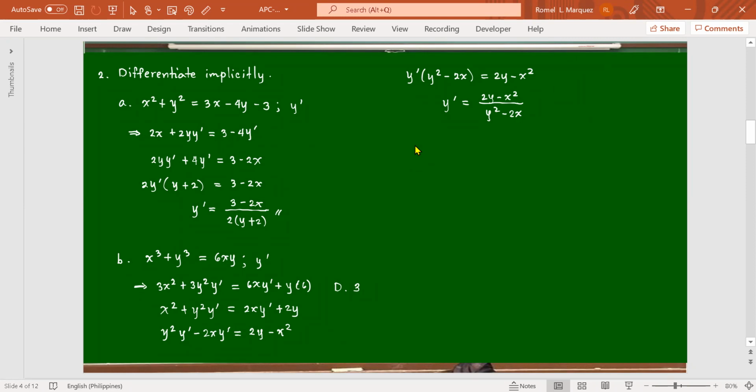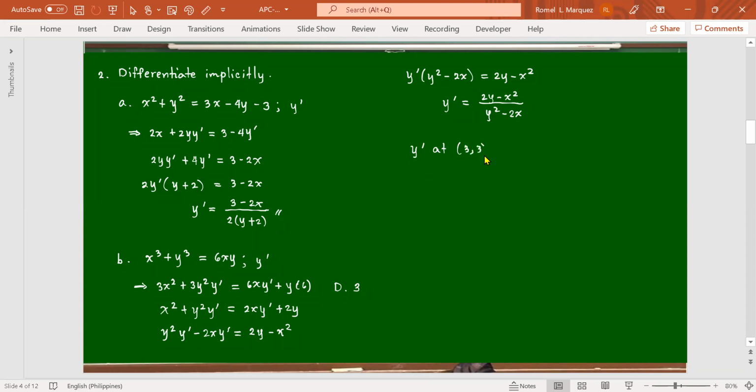So what if you are asked of the value of the derivative? What about this, y prime, when at the point (3, 3)?